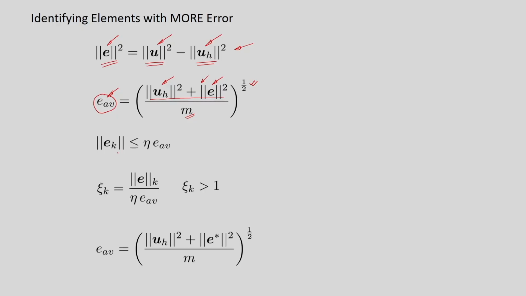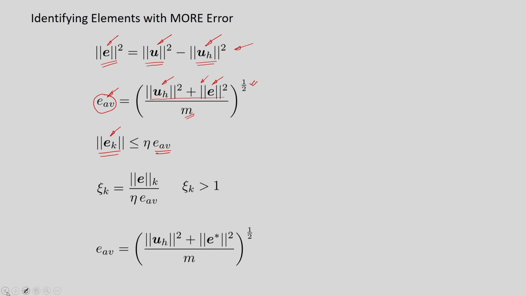That is what has been written in the next expression: the energy norm error corresponding to the kth element, this is the individual element I am talking about. If the energy norm error of the kth element is less than eta times the average energy of the system, then our solution may be acceptable. How can we calculate the energy norm error for a kth element?